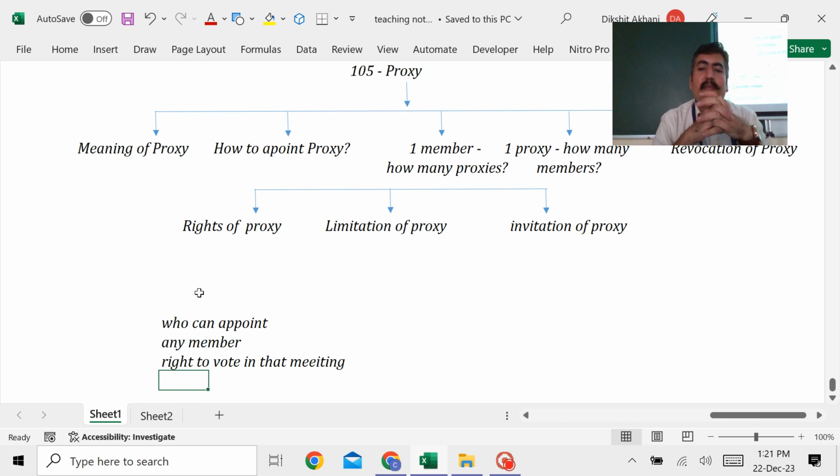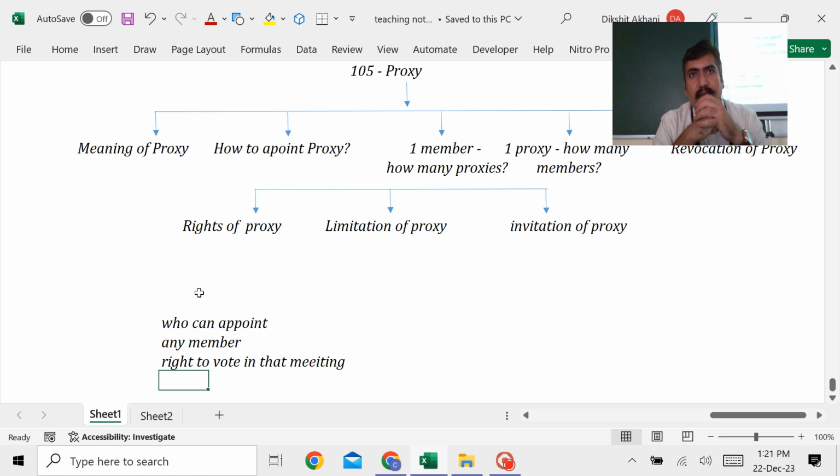It's quite possible that sometimes we cannot go to attend the meeting due to some reasons, and your votings may change the flow of the decision making.